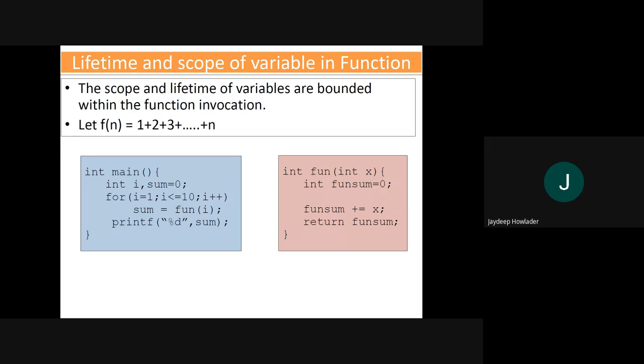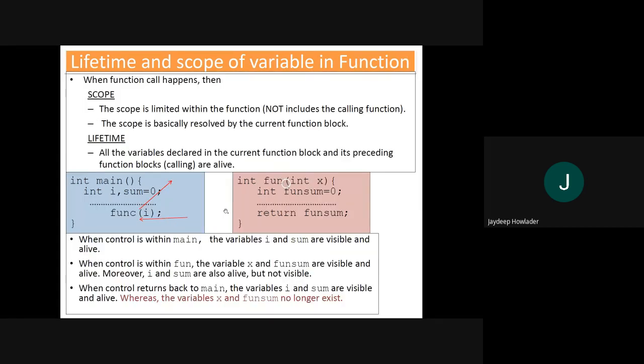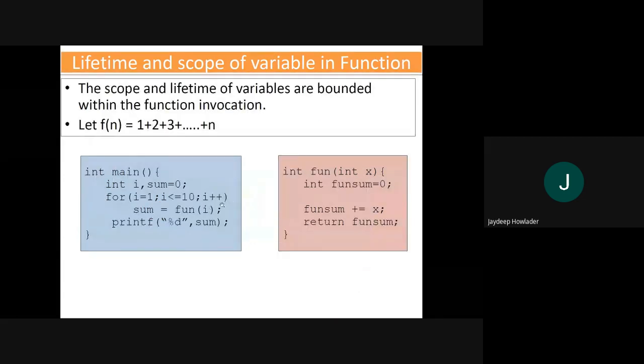So what is happening? I am calling the function here. For I equals 1, I am calling this function. Understand? Get it? So this memory is created here, and it performs the operation.